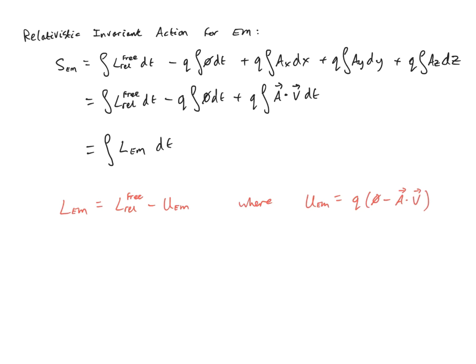And this is very interesting for several reasons. One, we can basically argue, just from very general ideas, what the form of the electromagnetic potential should be within this Lagrangian framework.